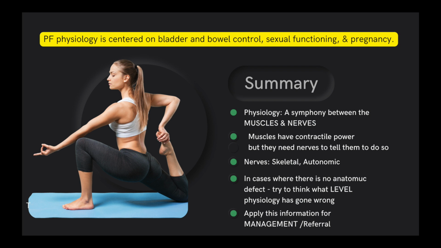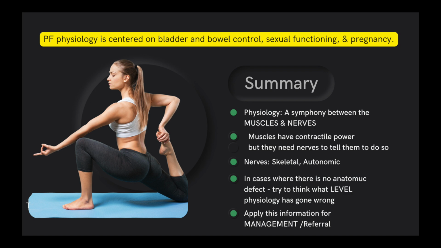Muscles have contractile power, but they need nerves to tell them to do so. Based on these muscles, the nerves can be skeletal or somatic nerves for skeletal muscles and autonomic nerves for the visceral muscles. Autonomic nerves are further divided into parasympathetic and sympathetic.